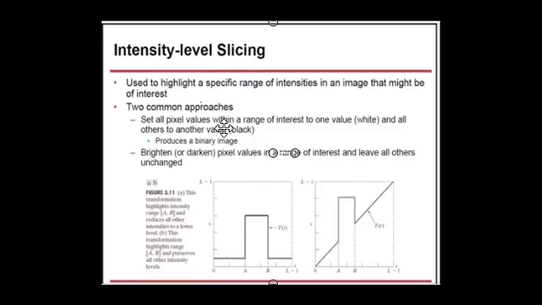First, we can set all pixel values within the range of interest to one value, white, and make all other values dark. It will produce a binary image. Otherwise, brighten or darken pixel values in the area of interest and leave all other things unchanged.